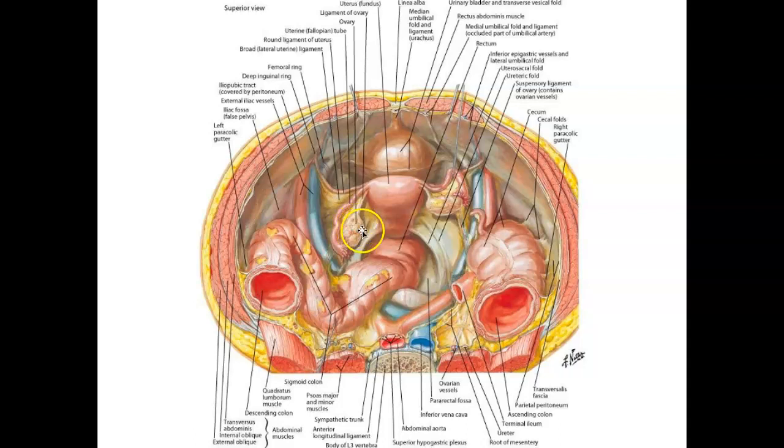The ovarian ligaments we've talked about here on the outside, these hold the ovaries to the uterus medially on the outside here. The ovarian ligament, I'm sorry, that's the suspensory ligament. The ovarian ligaments help hold the ovary to the uterus wall here.